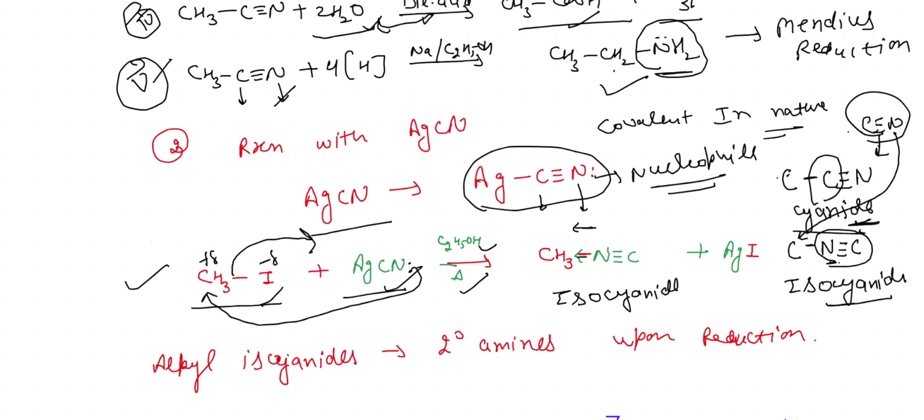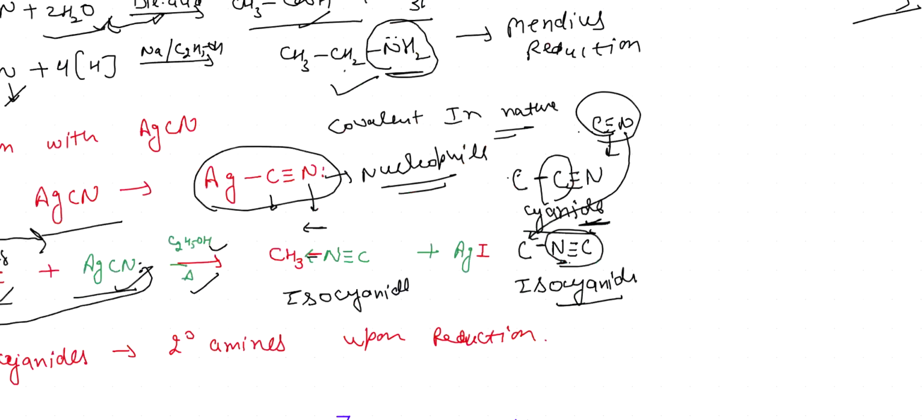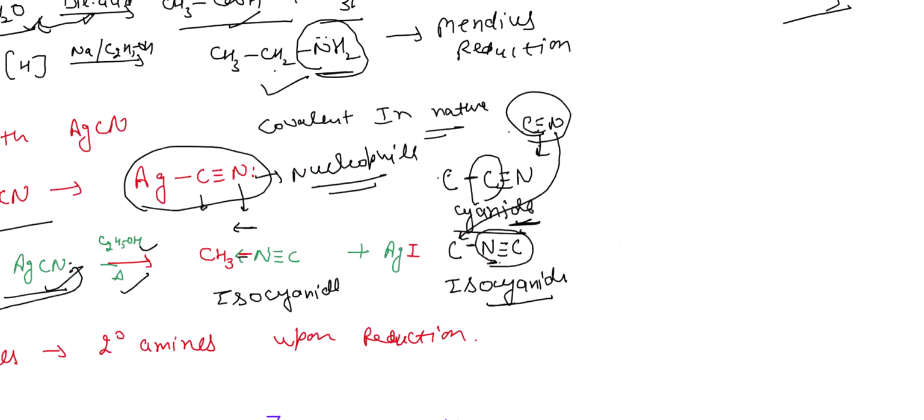It can also be represented as CH3 and positive, negative, because this is another format to represent the coordinate bond when the nitrogen is losing its electron and the carbon is gaining electron. So these both are the same structures, but the way of representation is different.